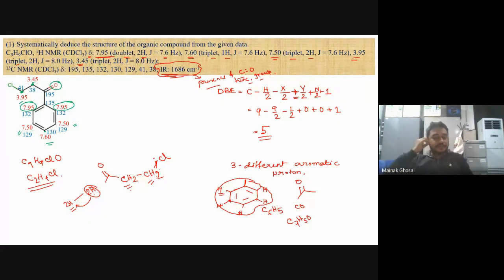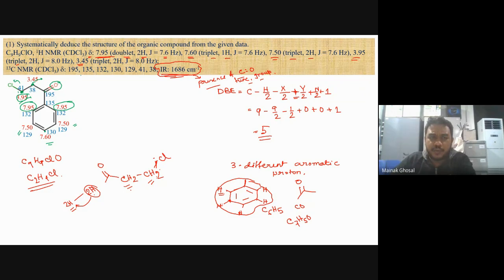Oxygen. Yeah. So you see, wherever you have said is correct, this is directly attached to a chlorine. And here this is attached to a carbonyl group, where the carbon is bearing the oxygen. So it will be much more deshielded compared to this one, so it will have a higher delta value.